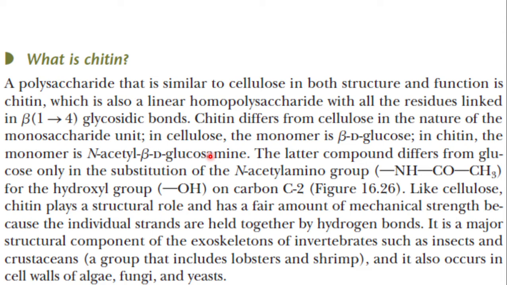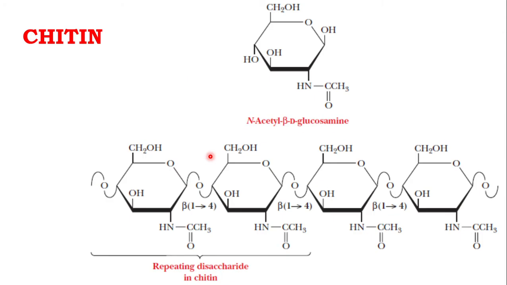Let us go to a picture. This is basically glucose. Is it alpha D glucose or beta D glucose? Look at the OH group on carbon number 1. It is upward. So it is beta D glucose. And it was glucosamine because of this NH2 group on carbon number 2. But in that glucosamine, one of the hydrogens is replaced with an acetyl group.